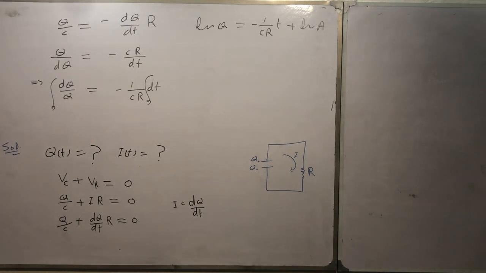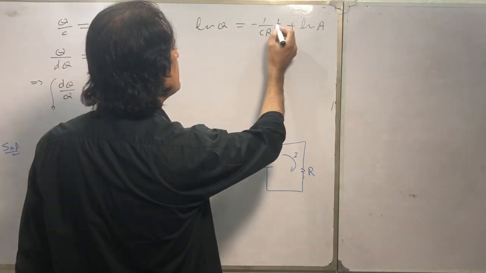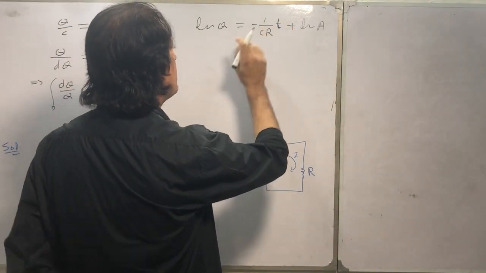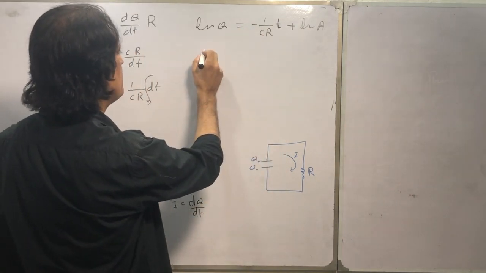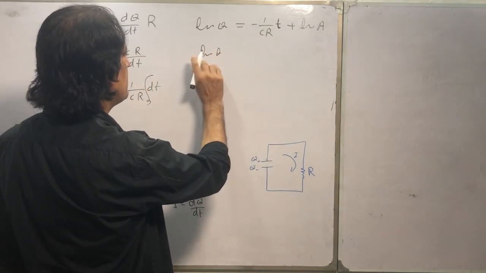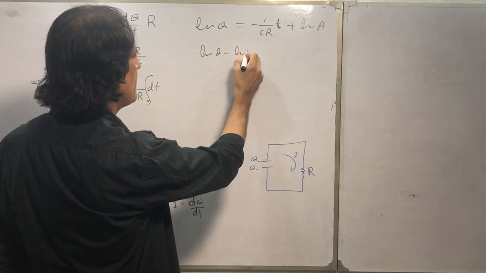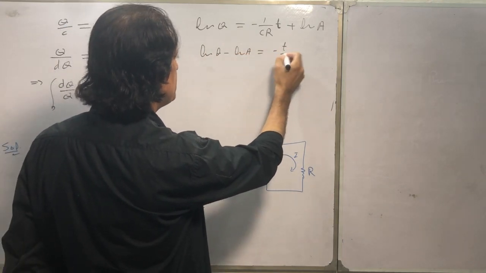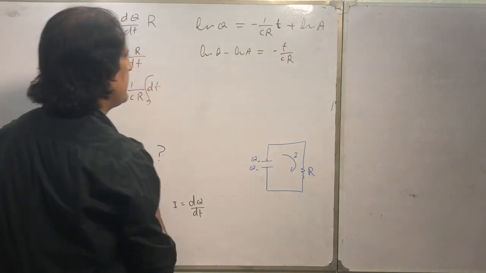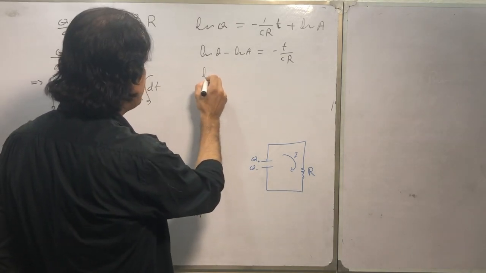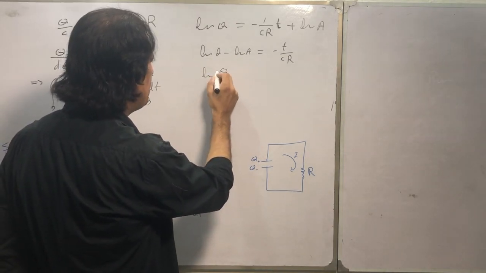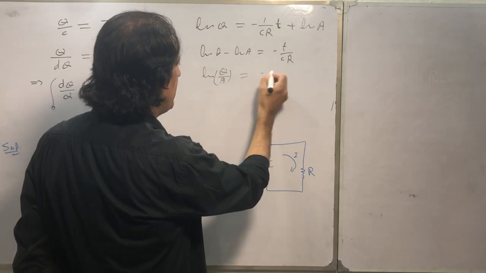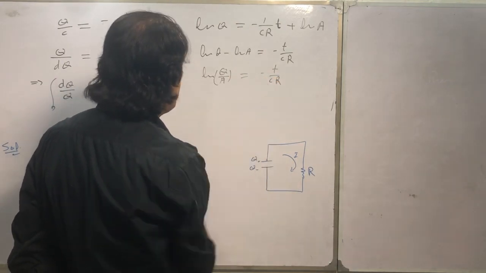Now log of q minus log of a is equal to minus t divided by cr, and this is equal to log of q divided by a by the rule of logs.